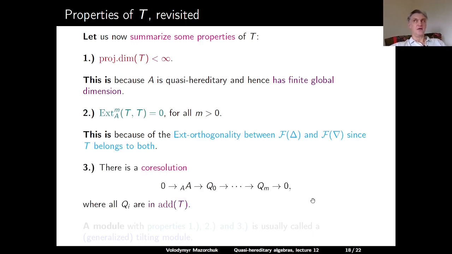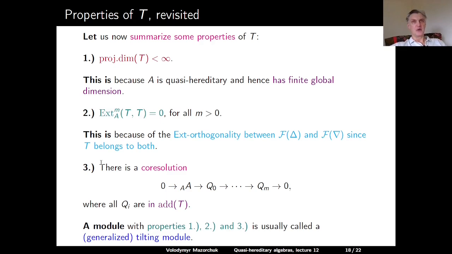And finally, from our previous theorem, the left regular A module A, it's projective, so it's in F delta. It has a finite co-resolution by tilting modules. A module which has properties 1, 2, and 3 is usually called a generalized tilting module from the point of view of general tilting theory for algebras.